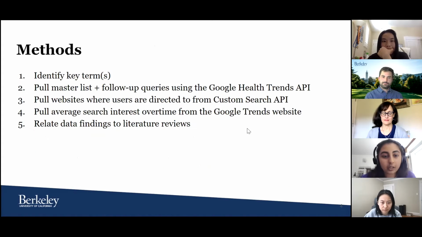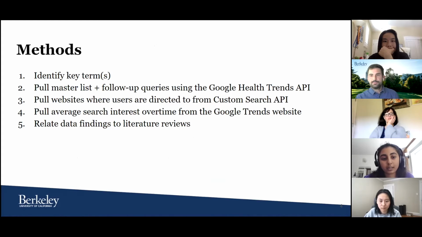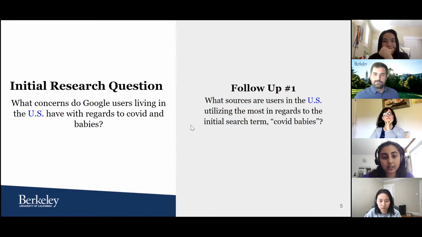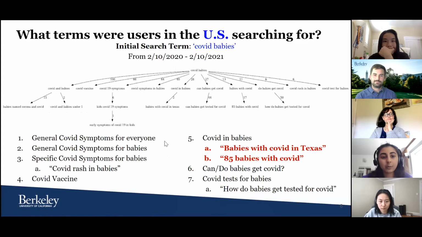And so here are our methods. We used the Google Health Trends API and the custom search API, and then we also used the Google Trends website. And so this is once again our initial search question. So the first thing we did was look at this initial search term COVID in babies, and then we found all of these follow-ups.